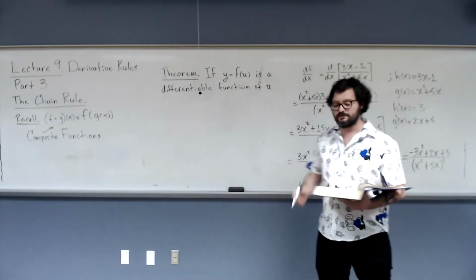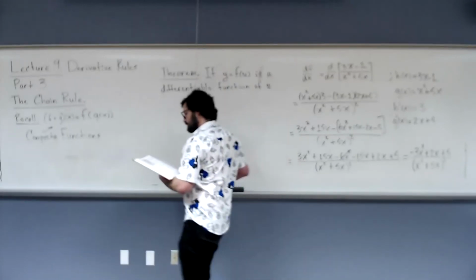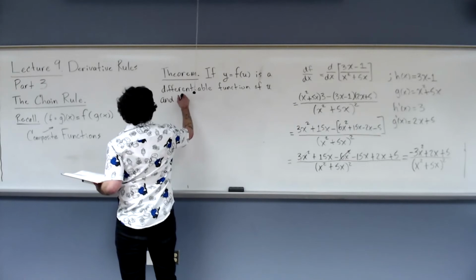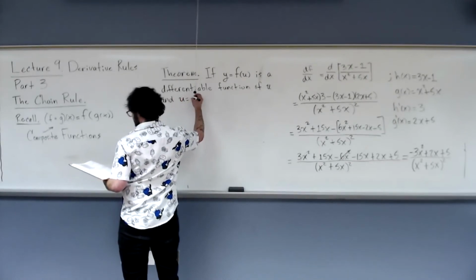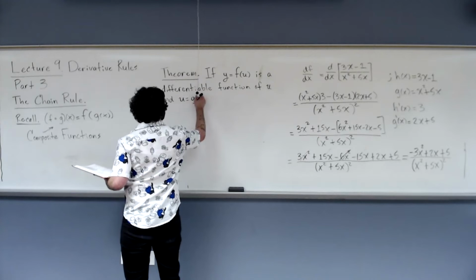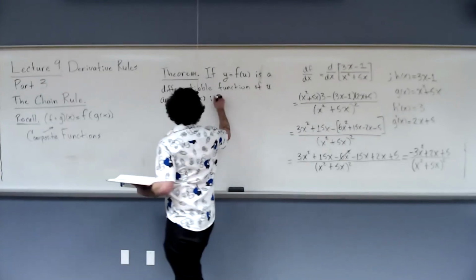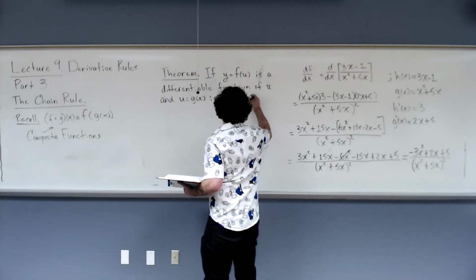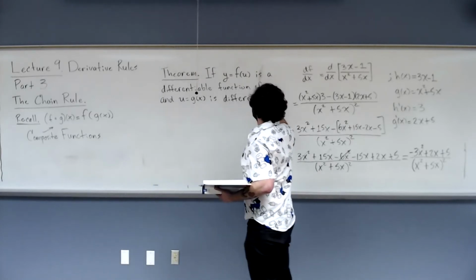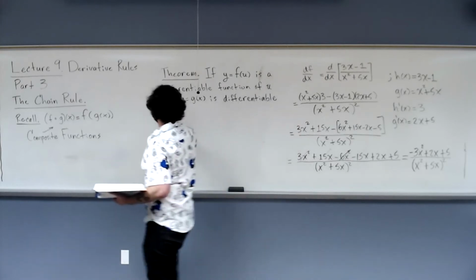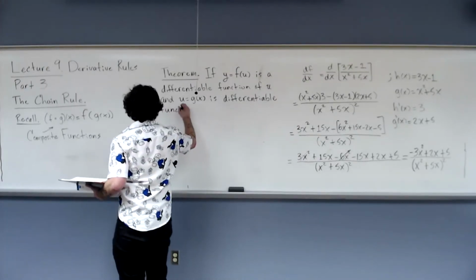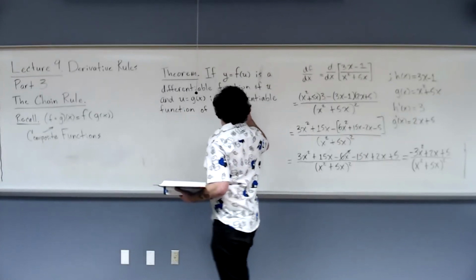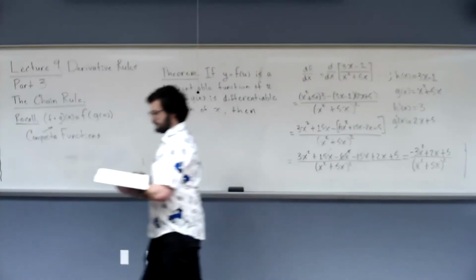So it's a differentiable function of u. And u equals g of x is a differentiable function of x, then I can finally write what I wanted to write originally.